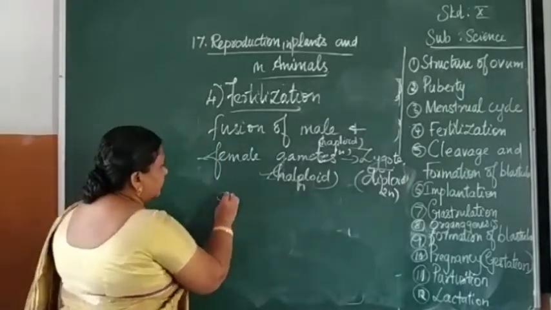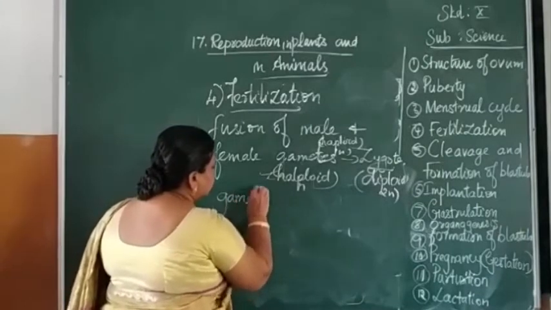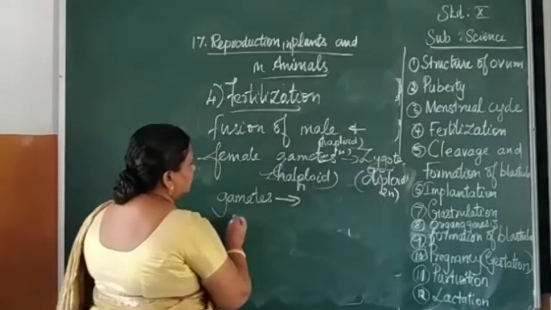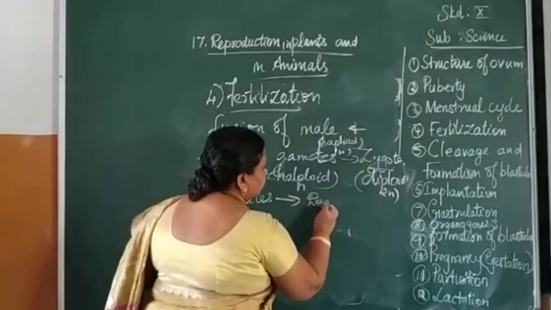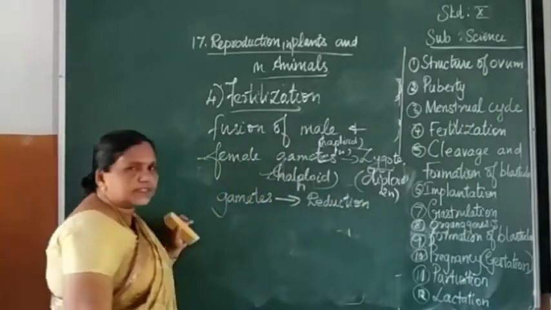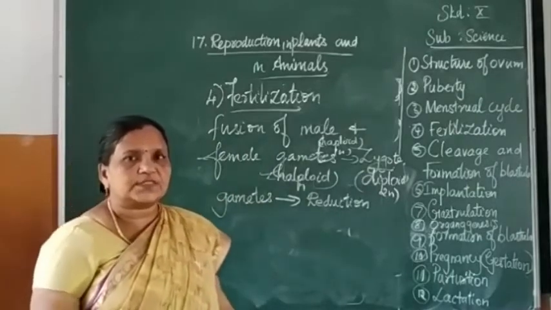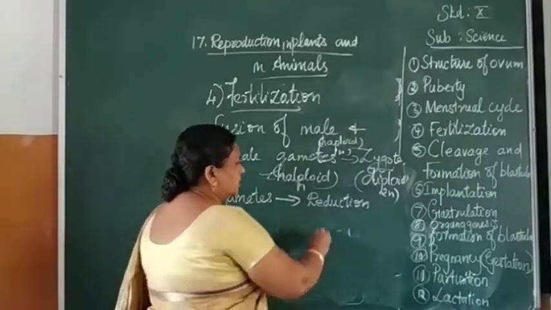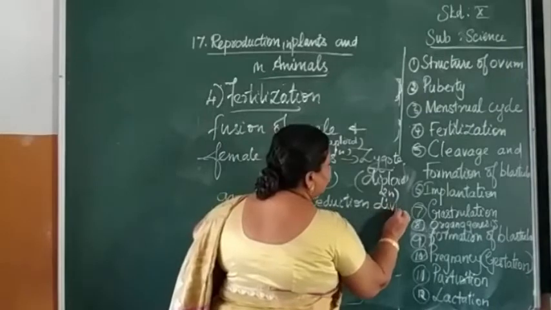So inside the gametes, before the formation of the zygote, what type of division will take place? Reduction division. The purpose of reduction division is to reduce the number of chromosomes. So meiosis.